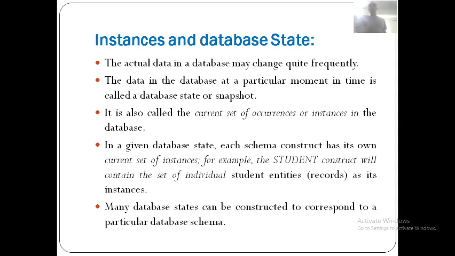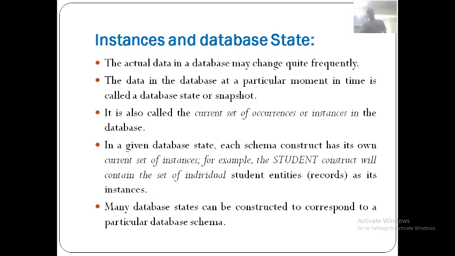That is called a snapshot or a database state. How much data will be there, how many databases will be there, these are called a snapshot or database state. It is also called the current set of occurrences or instances in the database. How many occurrences of data will be there, that is called this.